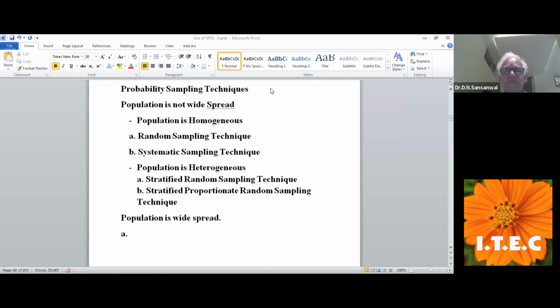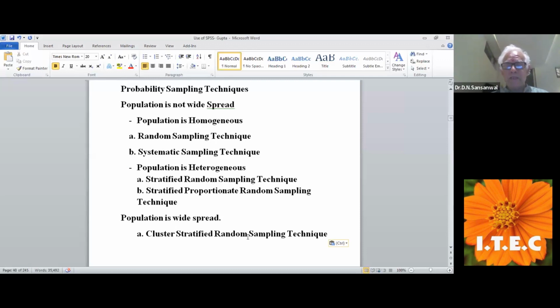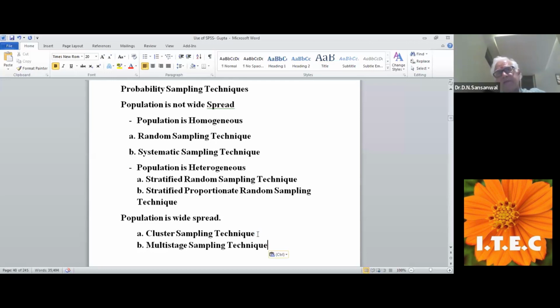So therefore, one is called cluster sampling. Cluster sampling technique. And there is another one which is called multi-stage sampling technique.